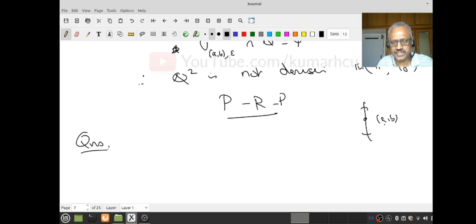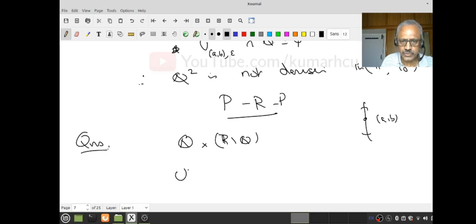Suppose A is rational and B could be anything. Let's look at R minus Q union R minus Q. Don't get intimidated.